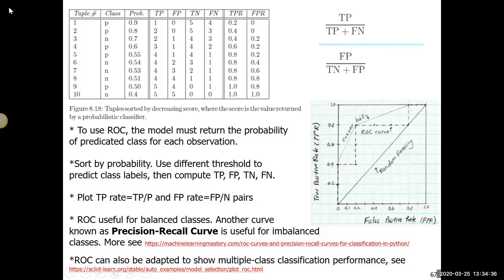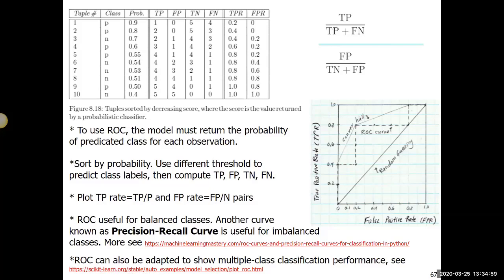This is a binary classification problem. If we predicted a probability greater than or equal to 0.9, we're going to label that class as positive. All the rest are going to be negative. So these are the thresholds that we choose, 0.9, 0.8.